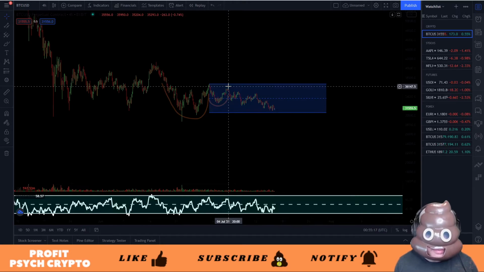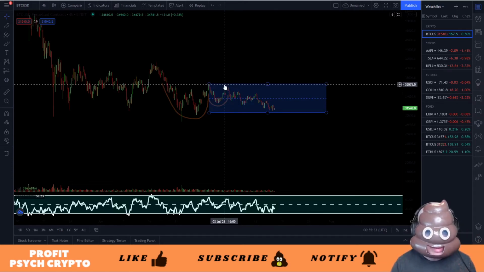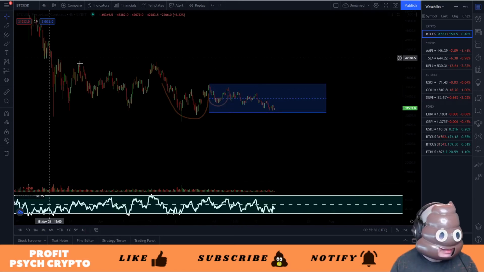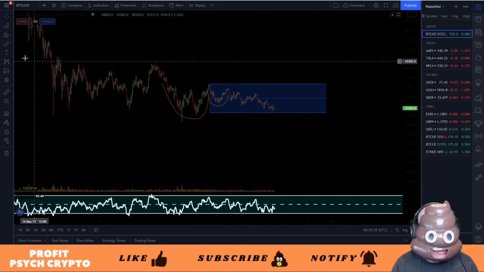You can wait for confirmation because it could break out on you. But if it doesn't and it bounces off the top of the range as resistance, you can enter short. And if price goes to the bottom of the range and bounces, tests the bottom as support, then you can go for a long.